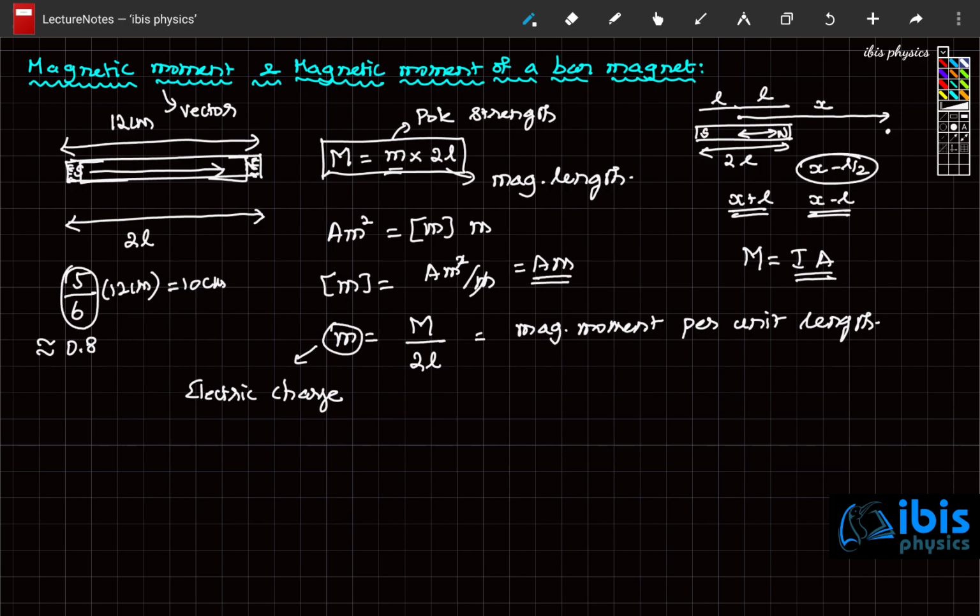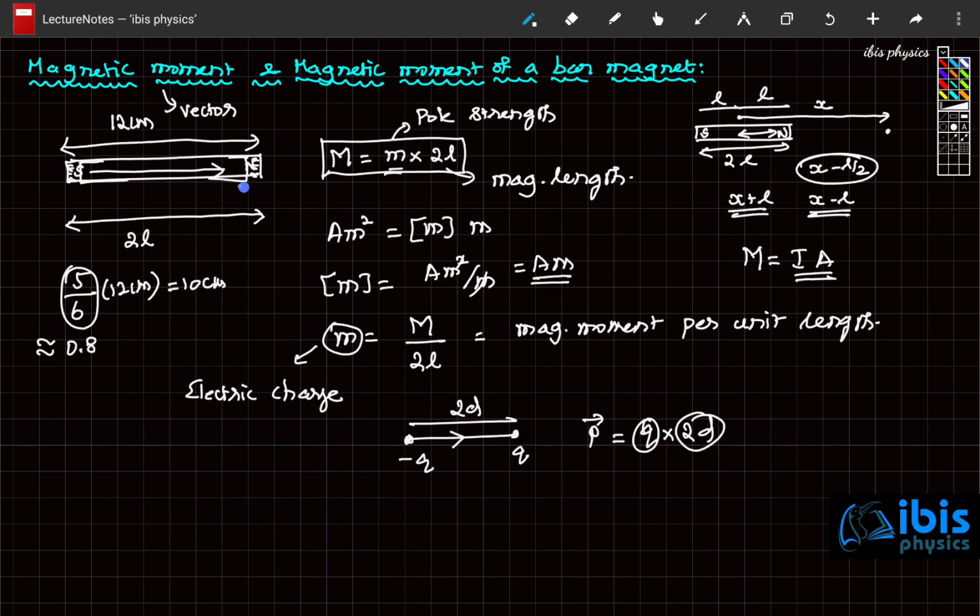If you compare this with a dipole, suppose two equal and opposite charges are separated by a small distance 2d, then the electric dipole moment is from negative charge to positive charge, and hence the electric dipole moment P is given as Q into 2d, one of the charges into the distance between them.